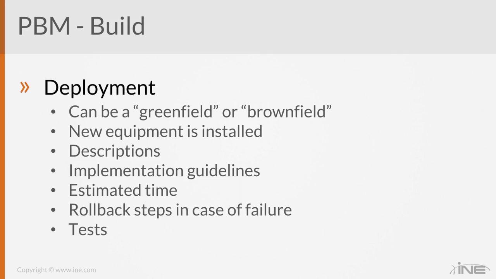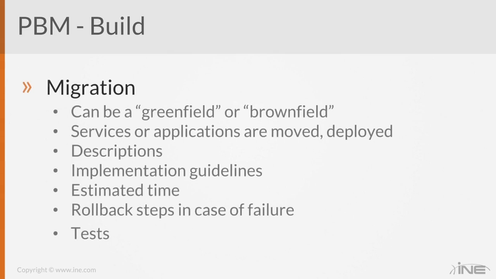So if it's a maintenance window of 3 hours and it's a 2 hour deployment time and a 1 hour rollback, well, the good news is if it works, it'll just give you more time to monitor and test. And more time is good. Migration, same thing, can be a greenfield or a brownfield, but those are for services or applications that are moved or deployed.